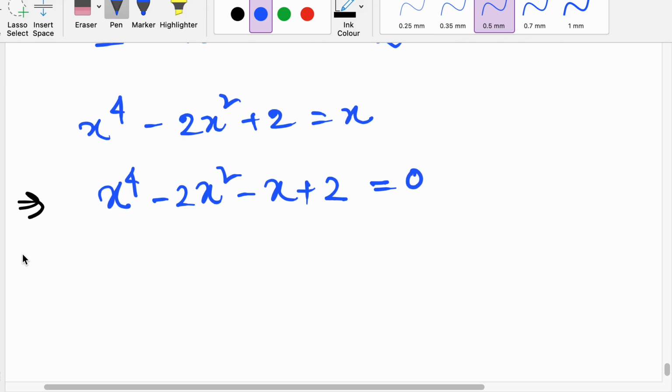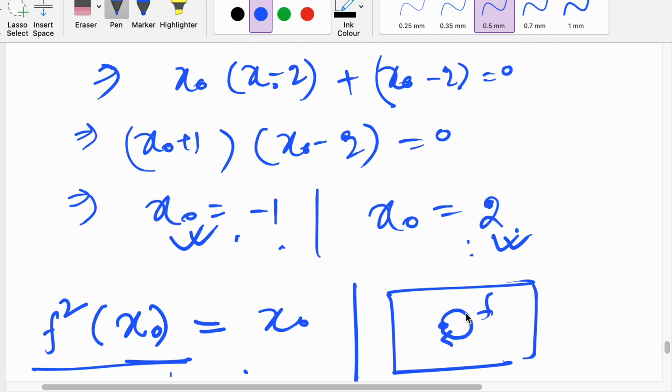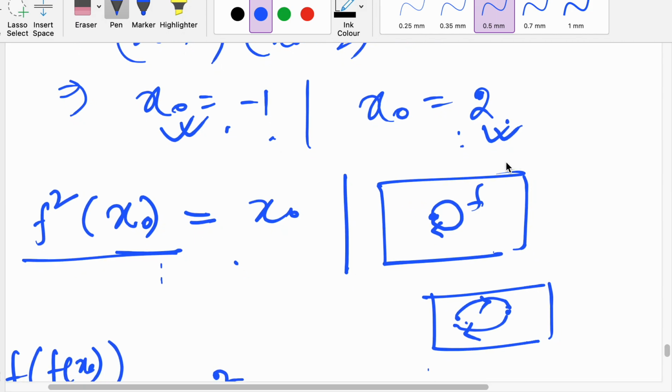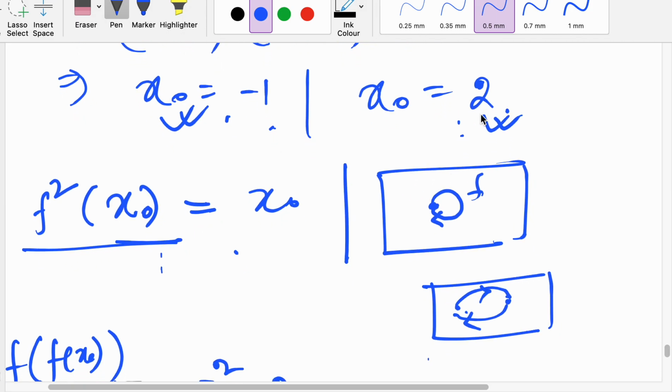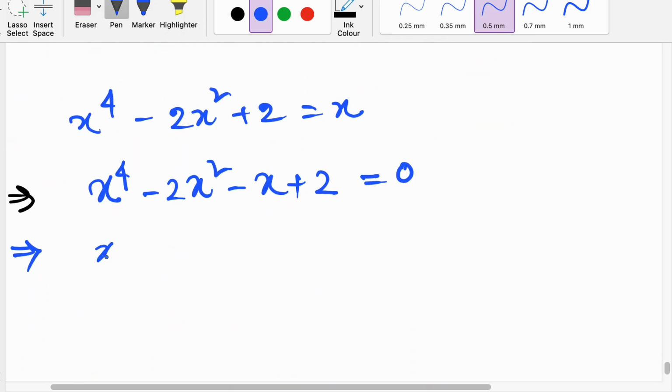So obviously you can see one solution. We know that one solution is 2, right? Because from our previous knowledge, this will be a solution, because it will anyway come back to the same point if I repeatedly apply f two times. So this will be a solution, and indeed it is.